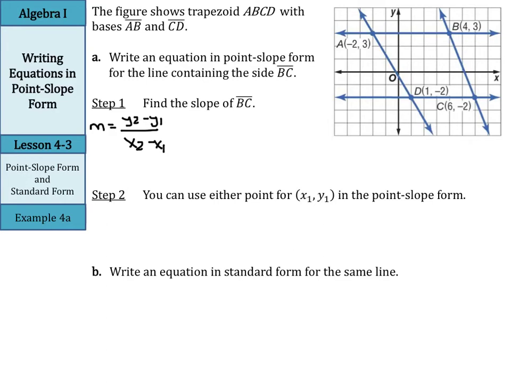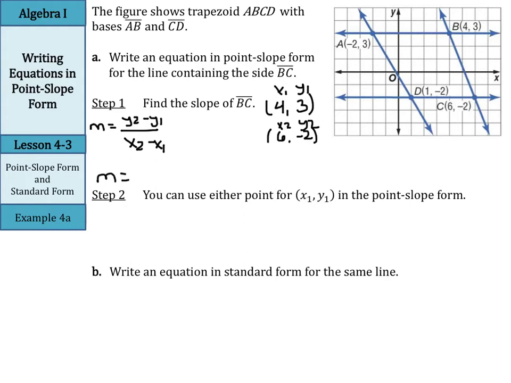If I look at B, well, B is (4, 3), while C is (6, negative 2). And if I make this first one x1, y1, and my second one x2, y2, remember that's always a good idea so you know what you're substituting in.